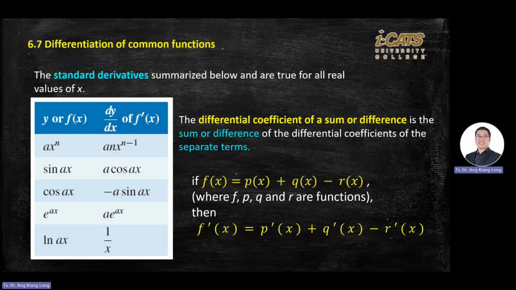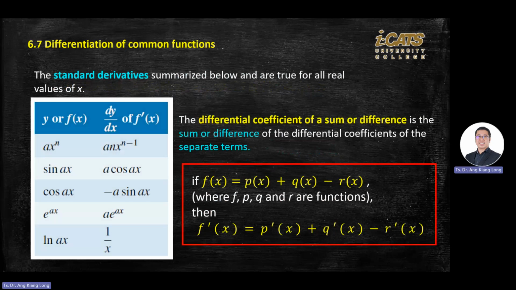From today onwards, you start to see function comma. Function comma means differentiation. So this is a general rule: if p, q, r are in terms of x, you need to differentiate each of them.